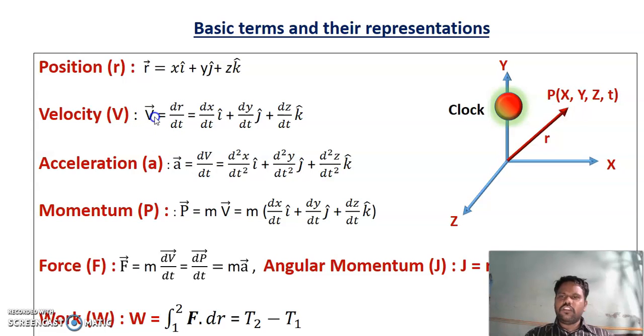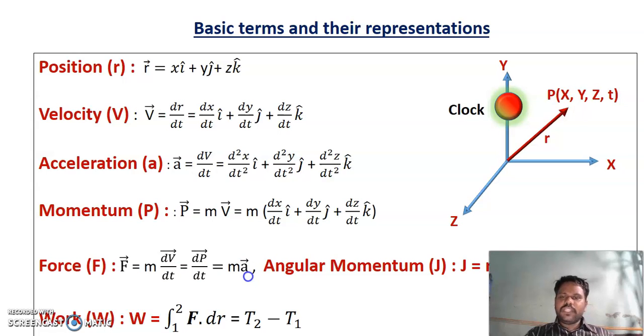The differentiation of velocity with respect to time is known as acceleration. The product of mass and velocity is known as momentum. The rate of change of momentum is known as force, which is equal to mass into acceleration.